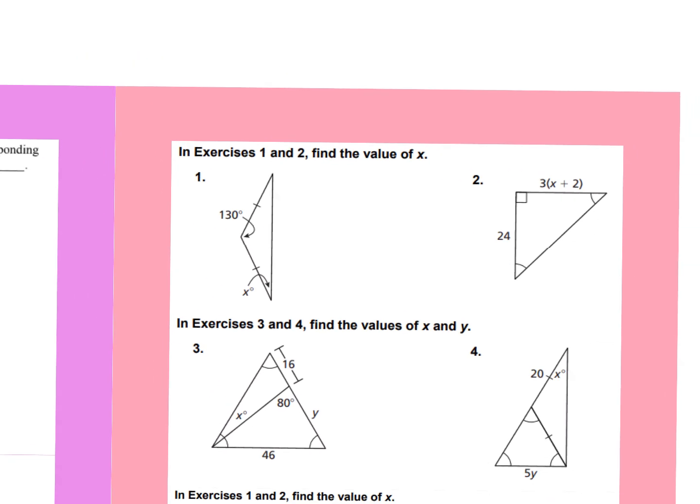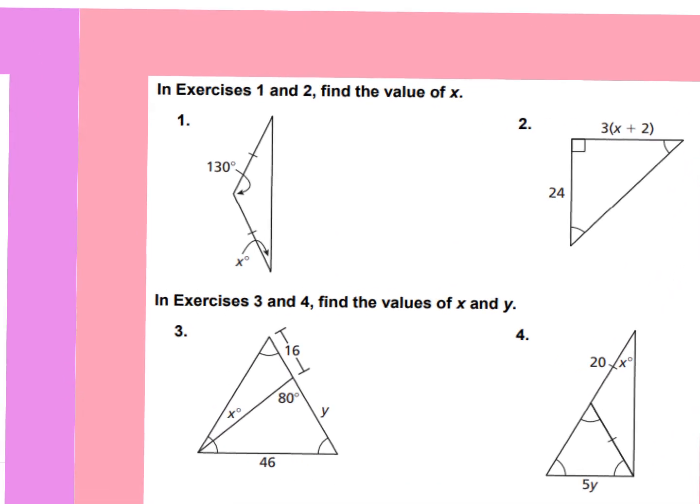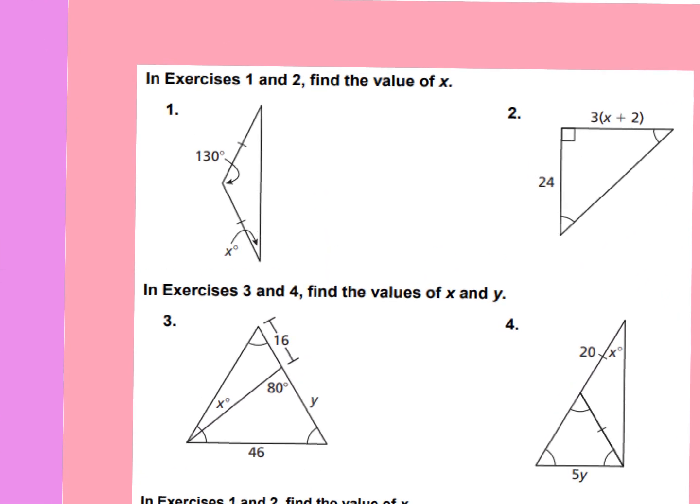All right. Getting into the last lesson, we talked about 5.3. This one we have to use those isosceles triangle theorems we learned. So this triangle has 2 equal sides, which makes it an isosceles triangle. What do we know is true about a triangle that has 2 equal sides?